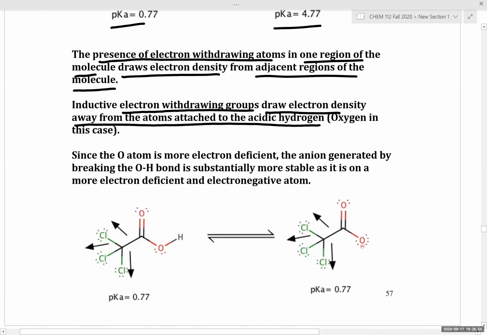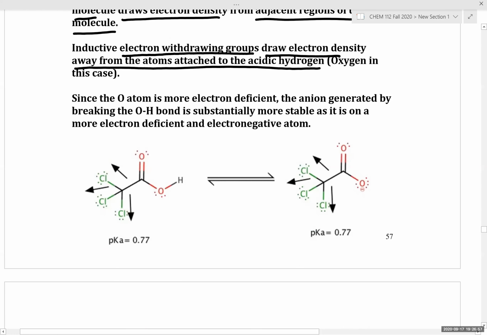Now, another way to think about this is that your oxygen atom is more electron deficient from these inductive effects, because we have all these chlorines pulling our electron density towards them. The anion generated by breaking the OH bond is substantially more stable, as it's on a functionally more electron deficient and electronegative atom.